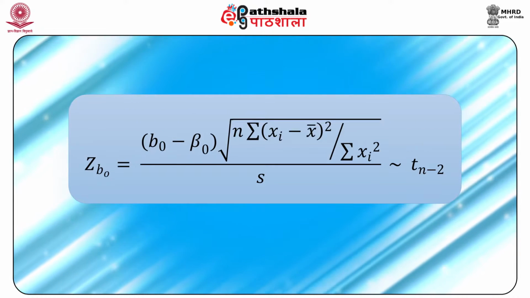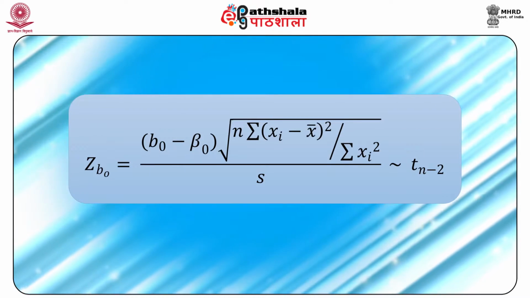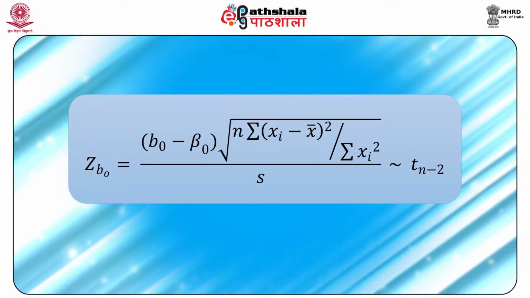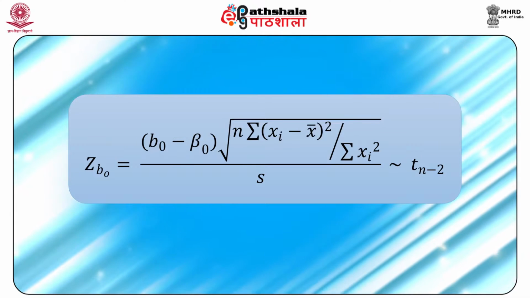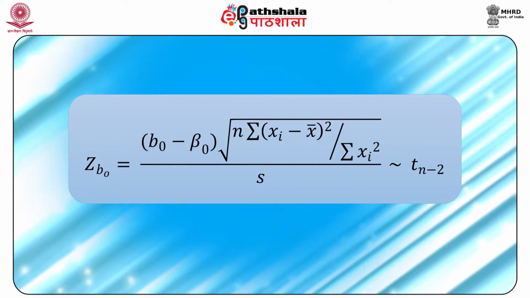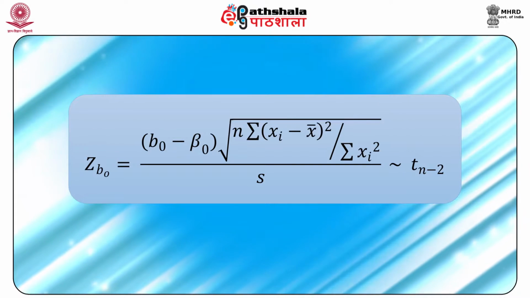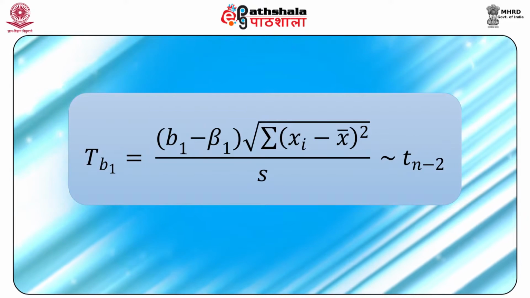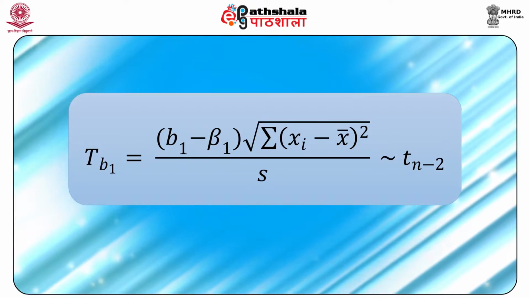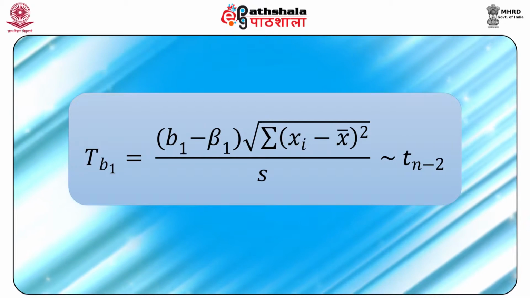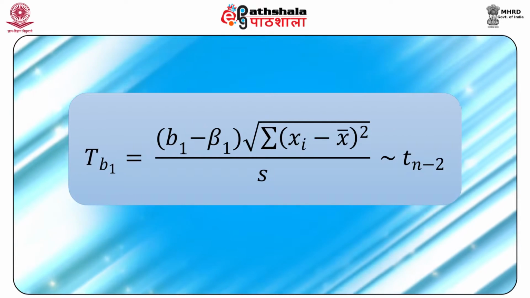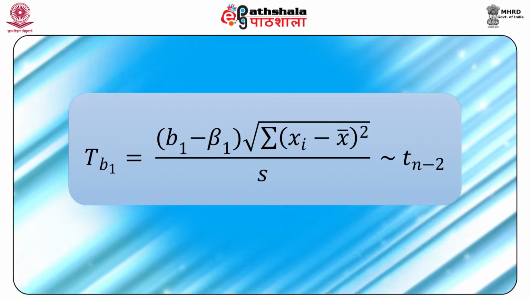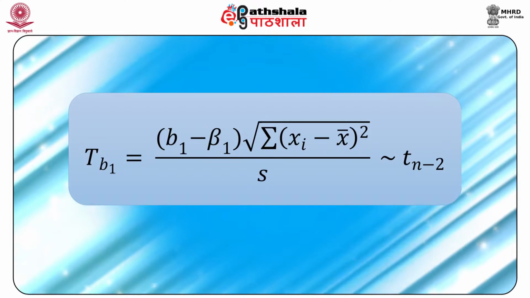So tb0 equal to b0 minus beta 0 into under the root n into sigma xi minus x bar square upon sigma xi square upon s, is distributed as t with degrees of freedom n minus 2. Similarly, we can also write down tb1 equal to b1 minus beta 1 into under root sigma xi minus x bar square upon s, which is also distributed as t with n minus 2 degrees of freedom.